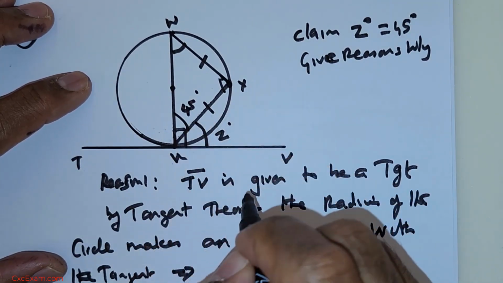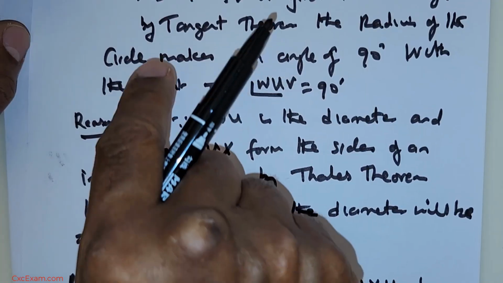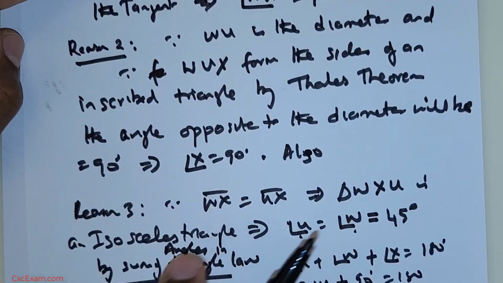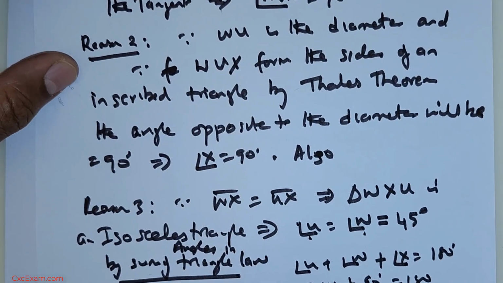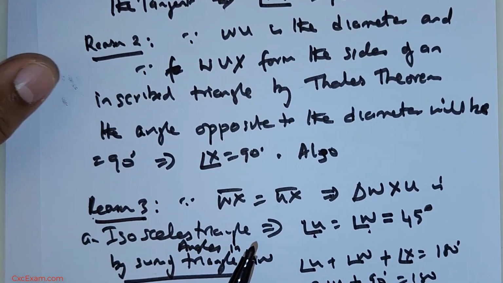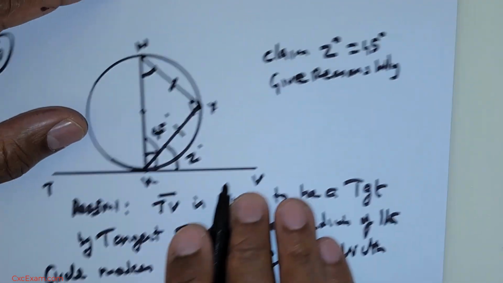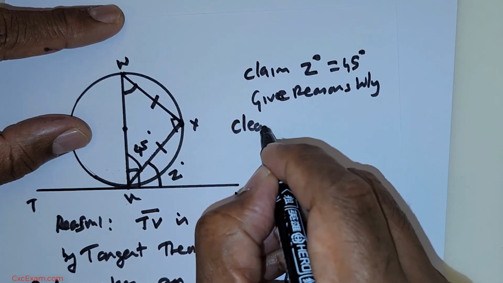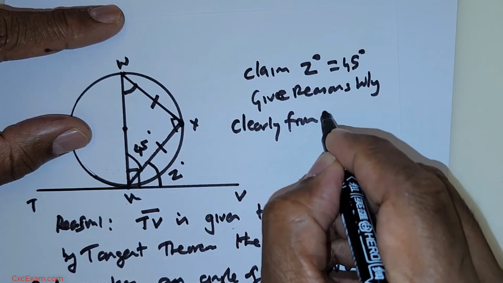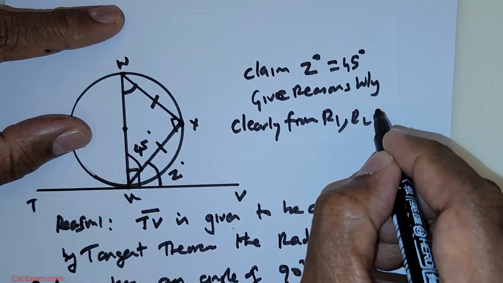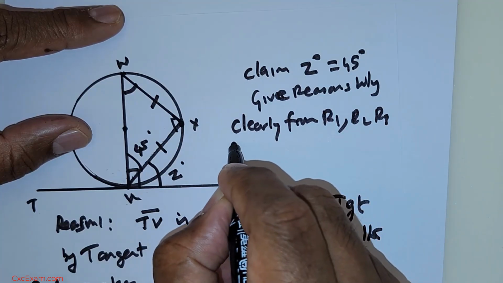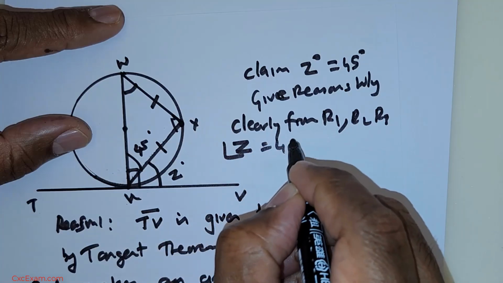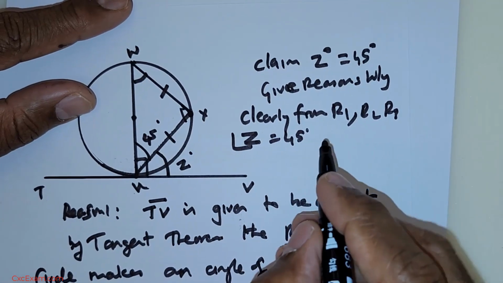Now we have to conclude. By reason 1, reason 2 and reason 3, clearly, angle at Z should be equal to 45 degrees.